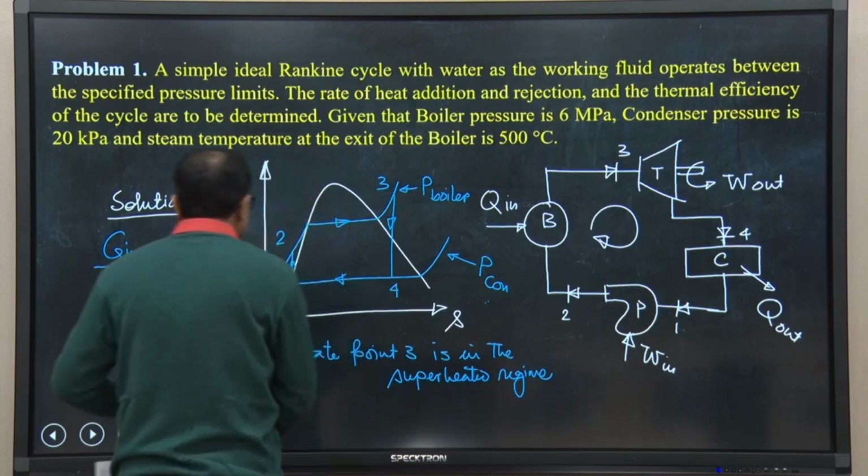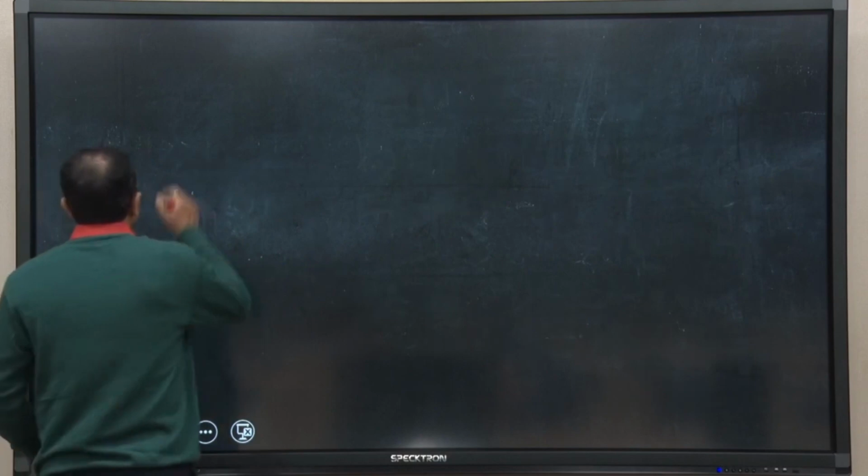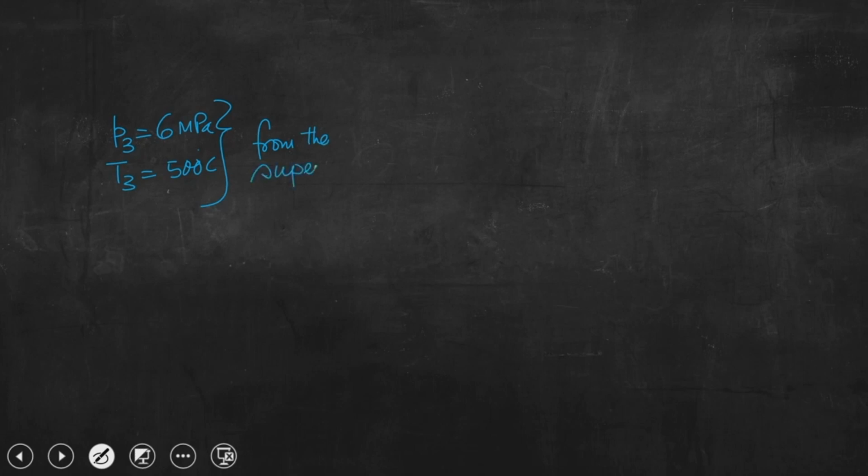So if we go to the next slide, P3 equal to 6 megapascal, T3 equal to 500 degree Celsius. So from the superheated table, we can calculate H3.